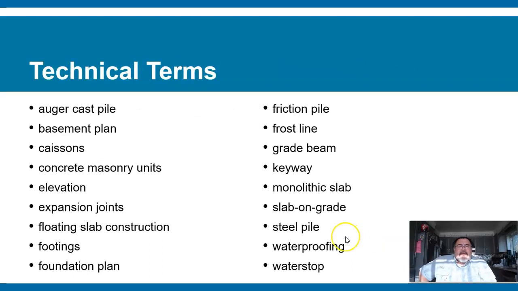Keyway. Keyway is a groove or a channel that is laid in or made into the footing, the square footing. And when I mentioned that footings and stem walls are done in two parts because the footing is wider than the wall, the wall rests on top of a footing, but it'll be attached. They'll pour another batch of concrete on top of it.